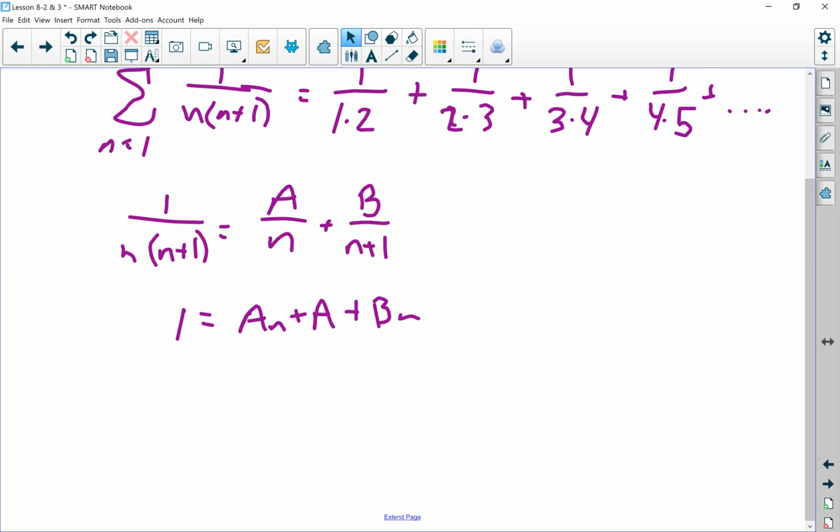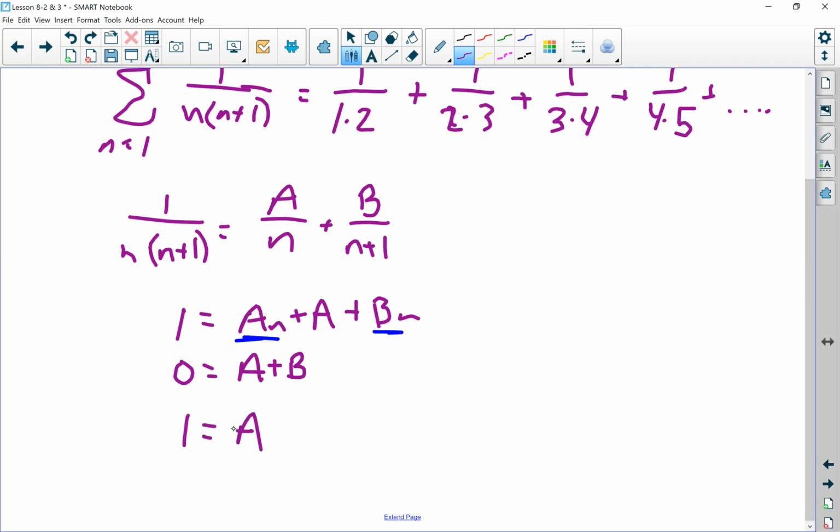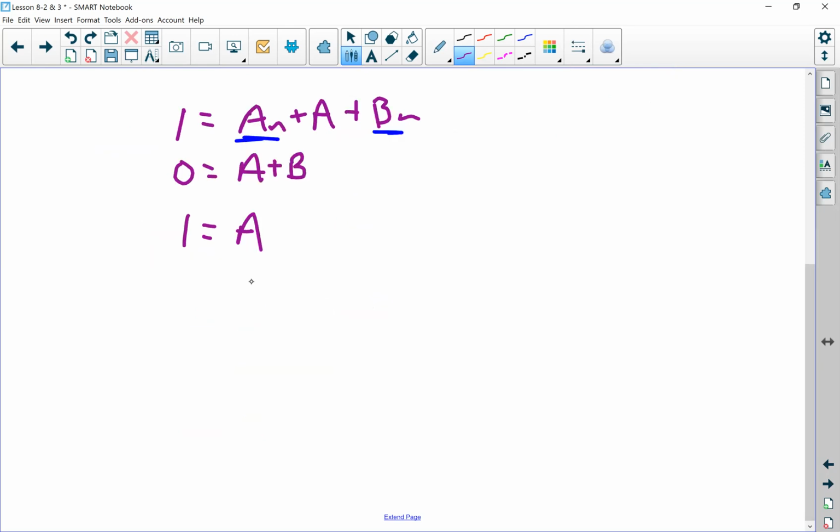So 0 would have to equal a plus b. That's the parts with the n's. And 1 would have to equal a. So if a is 1, what is b? Negative 1.